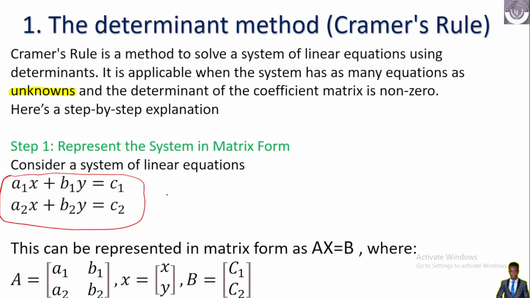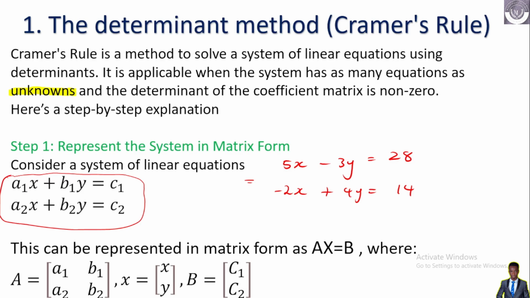Let's say we have 5x minus 3y is equal to 28, and then we have minus 2x plus 4y is equal to 13. So I'll be solving this example and also following the steps.